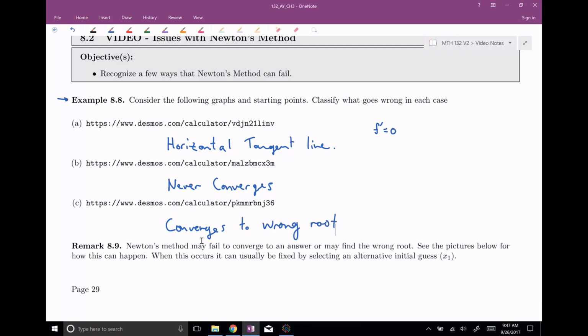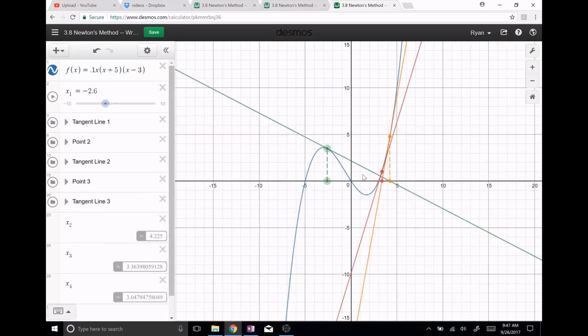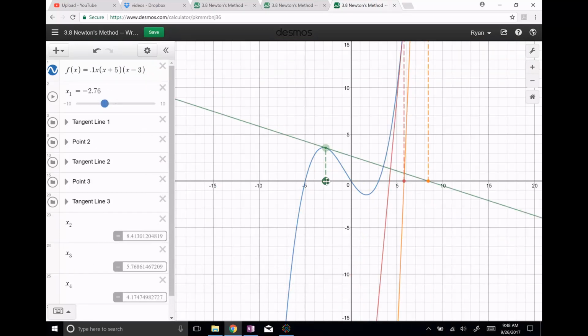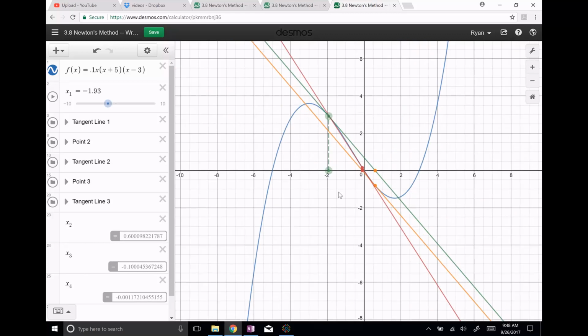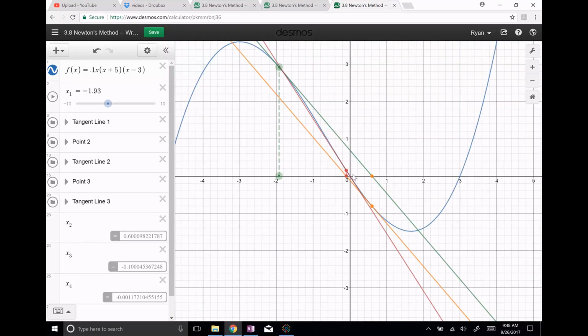Now in all 3 of these cases, things are going wrong, but the claim, right here with this remark, is that if you change your initial guess, most of these things can be solved. So for instance, if I go back here, and for my last picture, if I wanted to find maybe 0, if I change my initial guess, if I just move this a little bit, we can find a way that now it's getting closer and closer to 0.